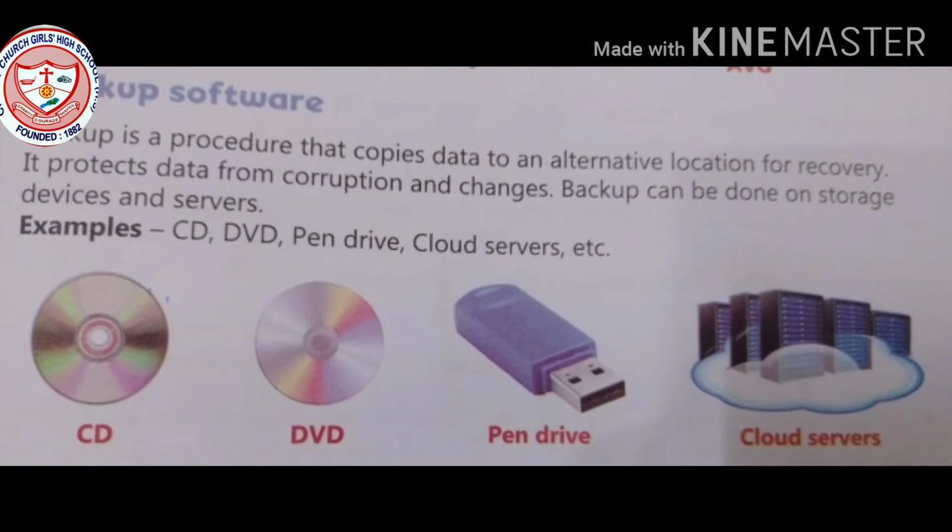Okay. So backup can be done on storage devices and servers. Examples of some backup software are CD, DVD, pen drive, cloud servers, etc. There are also some symbols which you have to remember: how a CD looks, how a DVD looks, how a pen drive looks, and how cloud servers look.